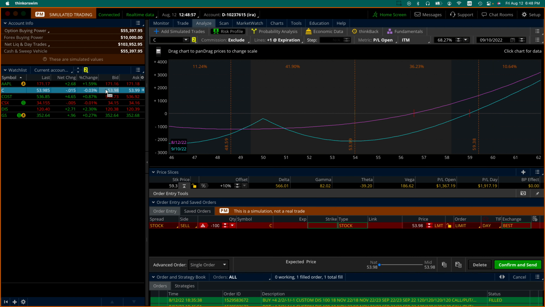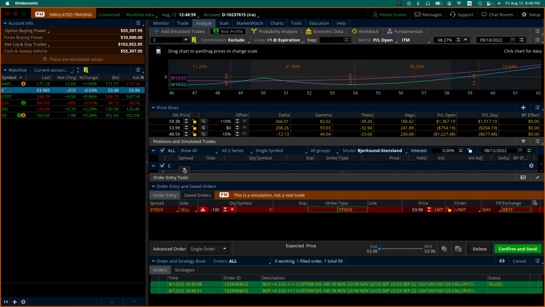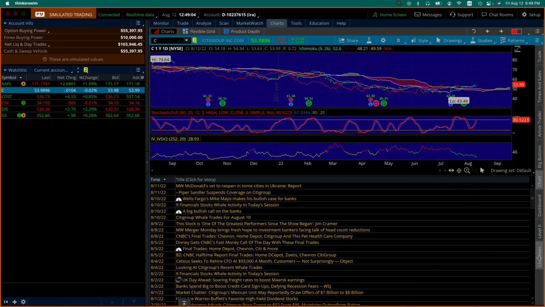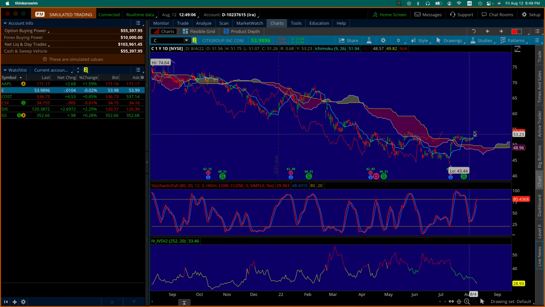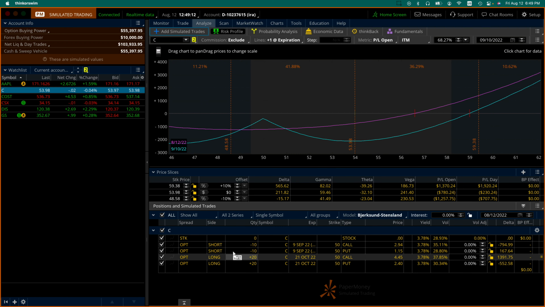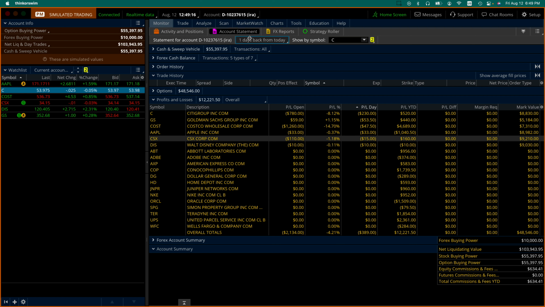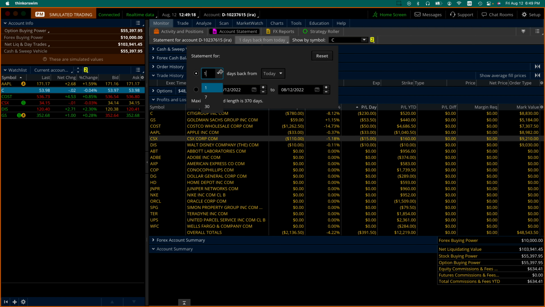Let's look at C. C is Citigroup. Okay, nice move, as you can see from the bottom. Volatility has been declining. Let's look at the trade, and I don't know if I have more than one leg to this trade, so I'm going to look at that. Look at the statement, let's say there are two parts to this trade.